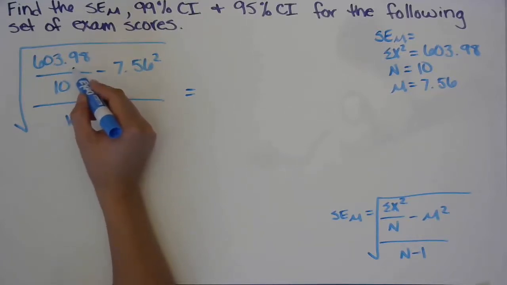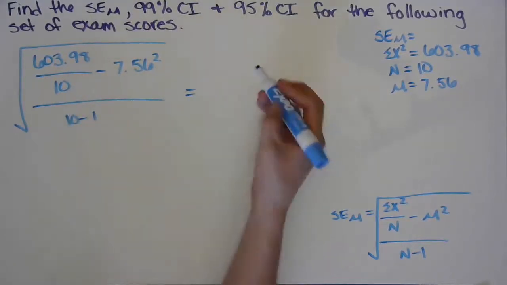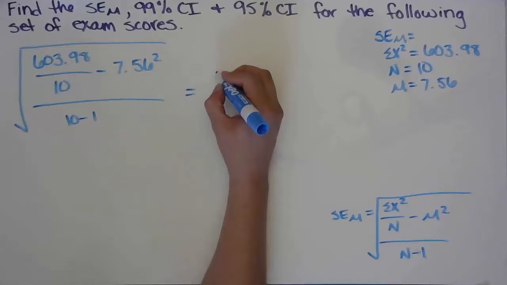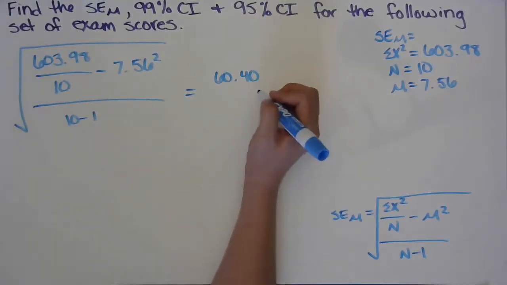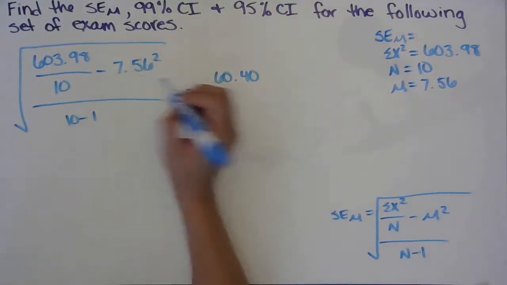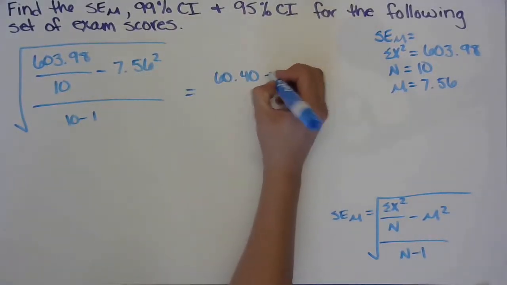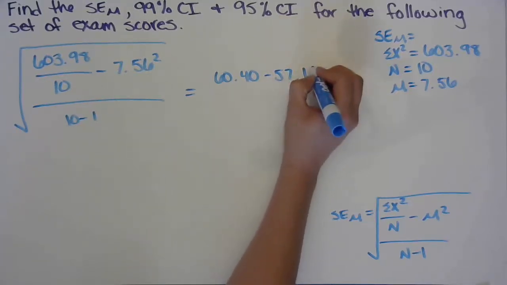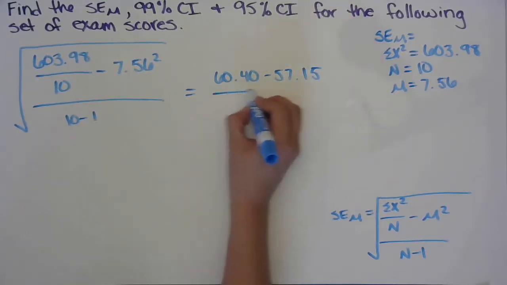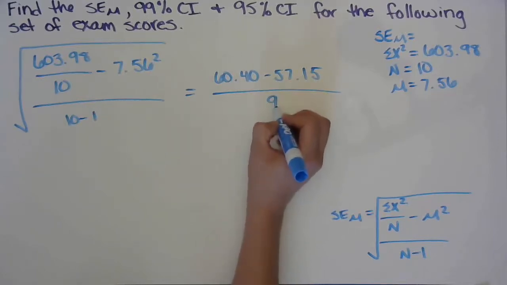So 603.98 divided by 10 is going to give you 60.40, and that's after I've rounded. And then 7.56 squared will give you 57.15, and once again that is rounded. Over 10 minus 1 is 9.